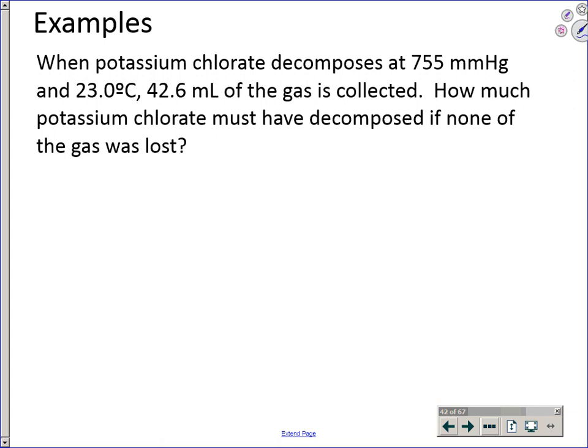Give me one important thing, Ariel's table. What variable is that? Like, what would I title that? What would I set it equal to? P, right. So P for pressure is 755 millimeters mercury.